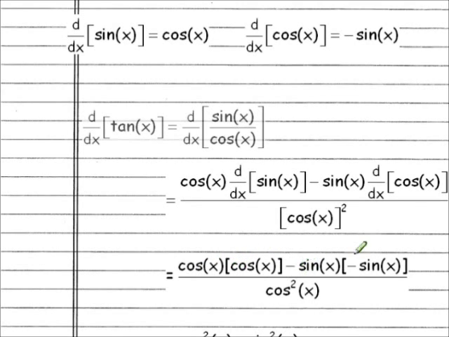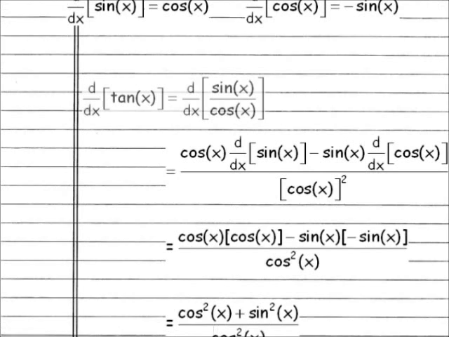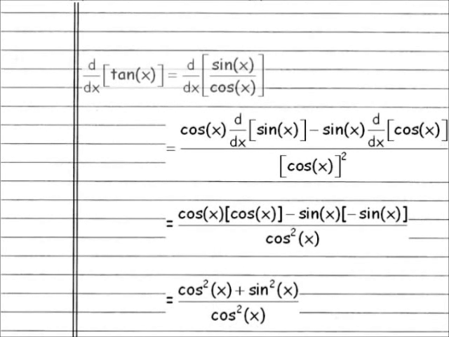And here, negative times negative will become positive sine squared x, as we see written below here. Now, we might stop at this point. Oh, and by the way, notice I rewrote cosine of x all squared in the normal fashion, cosine squared x. So here we have cosine squared x plus sine squared x all over cosine squared x.